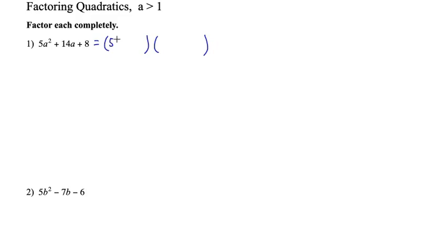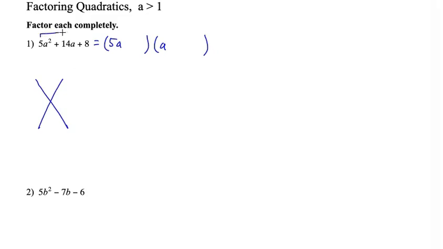We know it's going to be 5a times a to get that 5a squared, and then these two numbers need to multiply to make 8. But when we multiply it all out, that middle term needs to be 14a. And here's a good way to figure out that middle term.